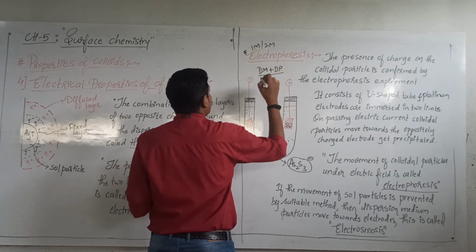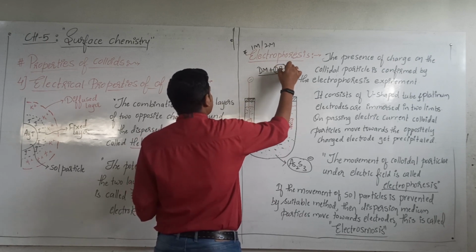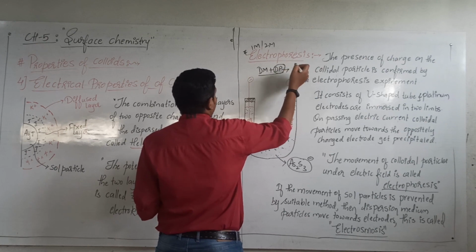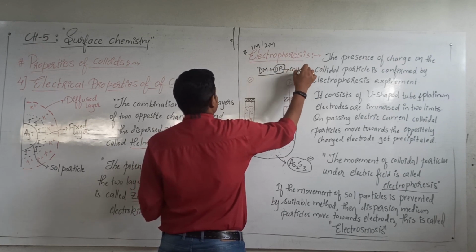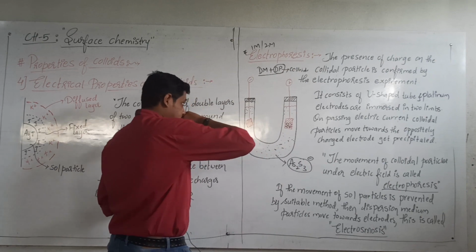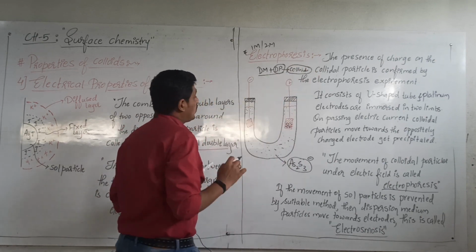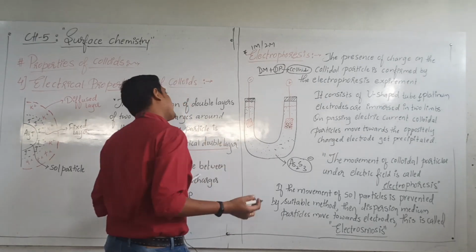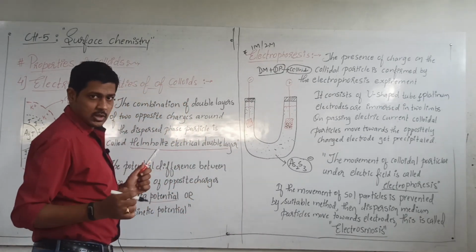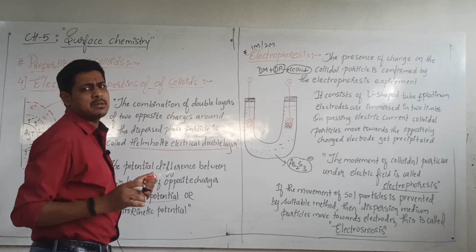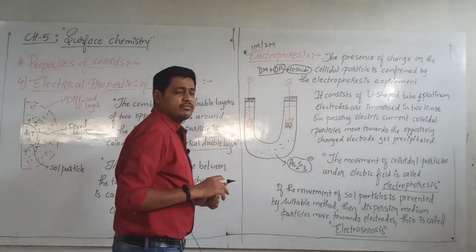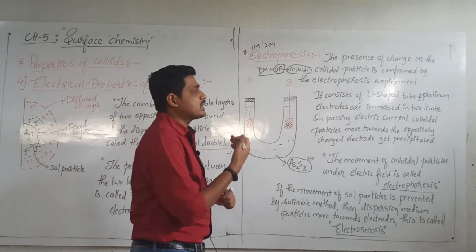One is the dispersed phase and the other is the dispersion medium. The dispersed phase particles become colloids only by acquiring charge, isn't it? If I make these colloidal particles neutral by adding an electrolyte, there are many methods to remove the charge that we shall discuss later.